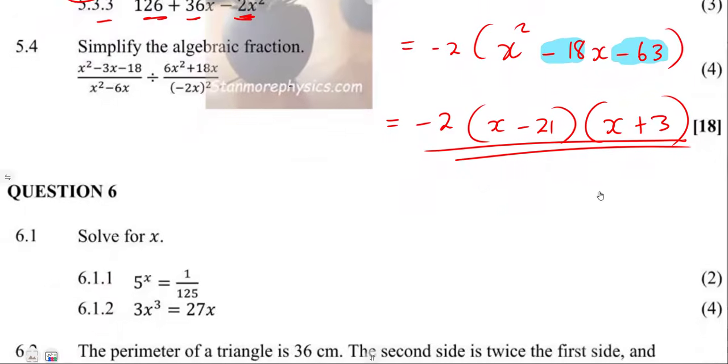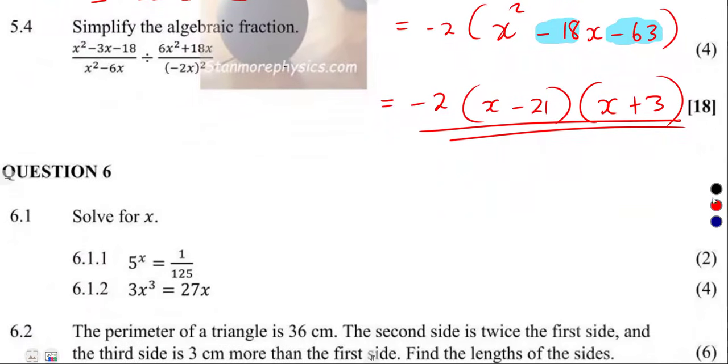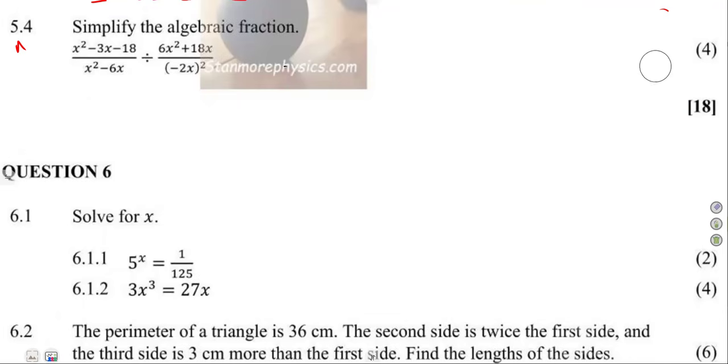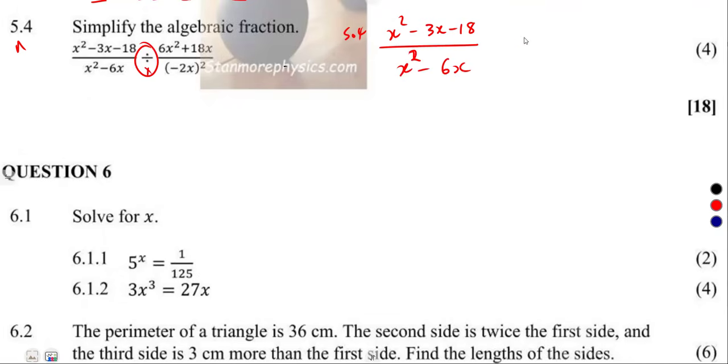Simplify the algebraic fraction on question number 5.4. All right, we've got an algebraic fraction that we need to simplify. In this case, there is a division. So remember the first thing, guys, get rid of that division. Introduce what? A multiplication. The moment you introduce a multiplication, know what's gonna happen.